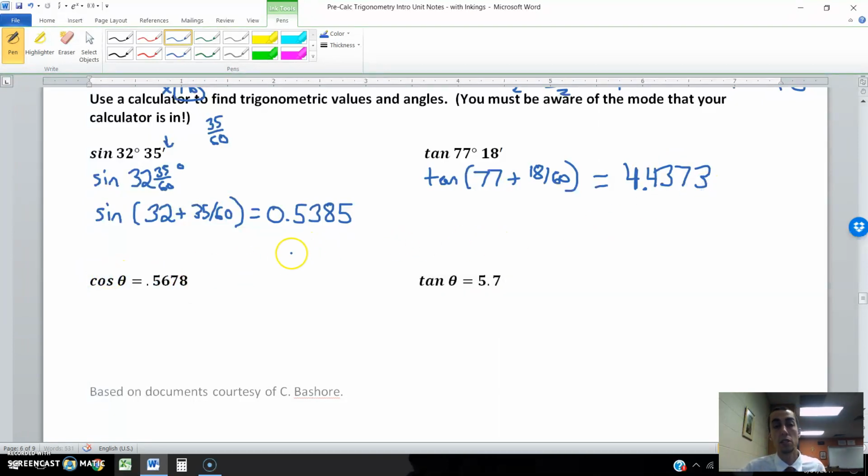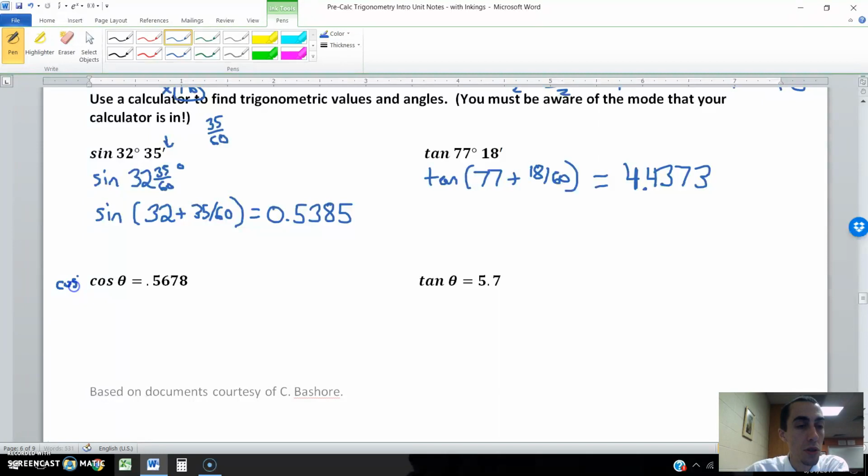Alright, for these bottom two, we're given the trig value, and we're supposed to, in a sense, work backwards to find the angle. To do this with your calculator, you'll want to use the cosine inverse feature. What the cosine inverse feature does is it undoes what cosine does.